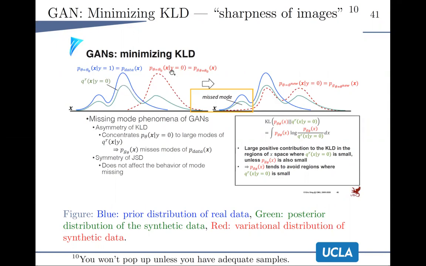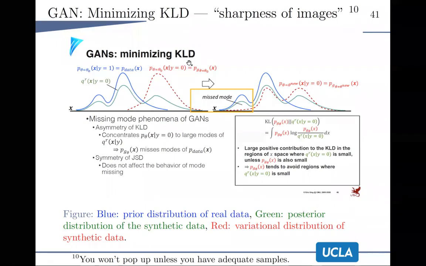So with GANs, when we are minimizing the KL divergence, this is the step that we specifically focus on.